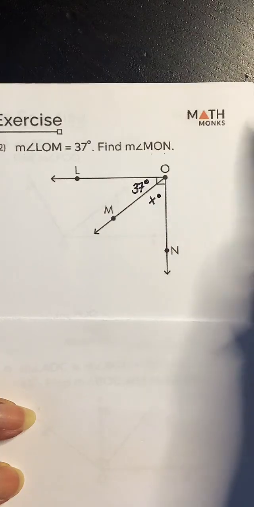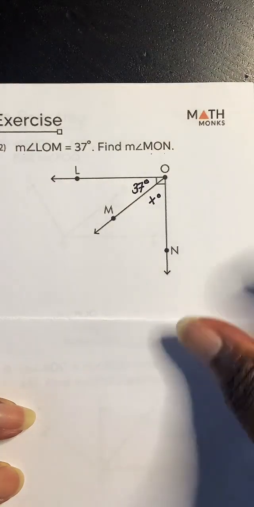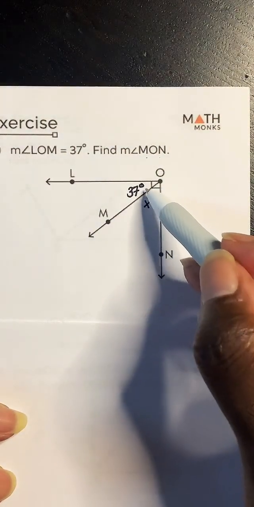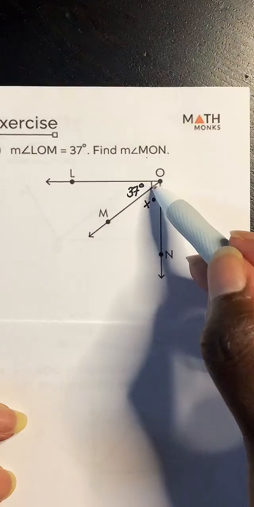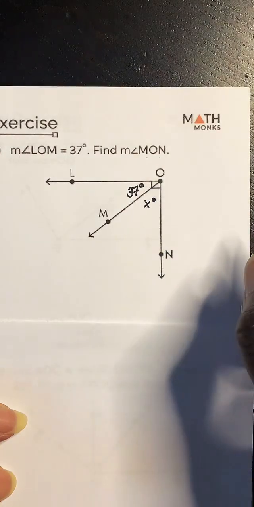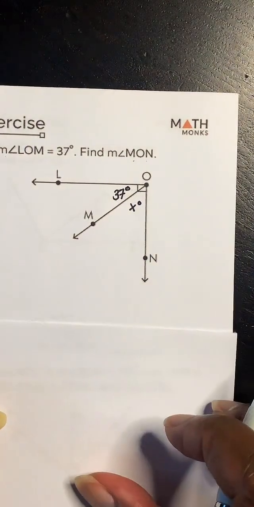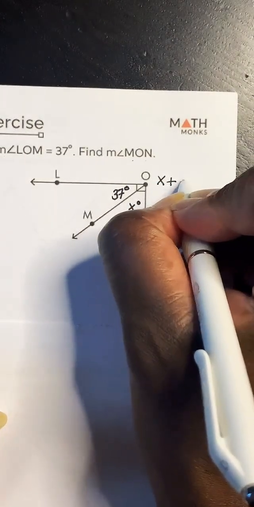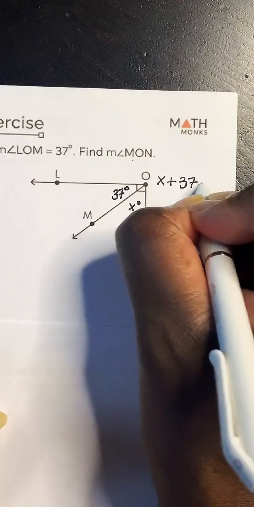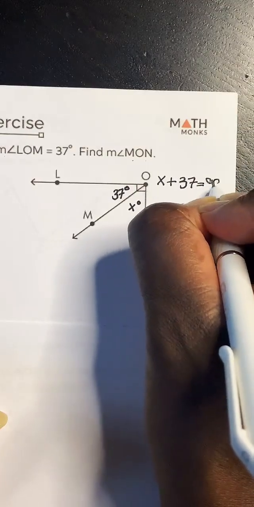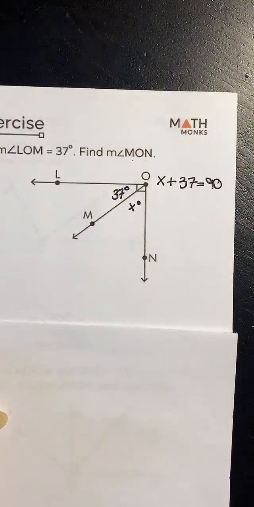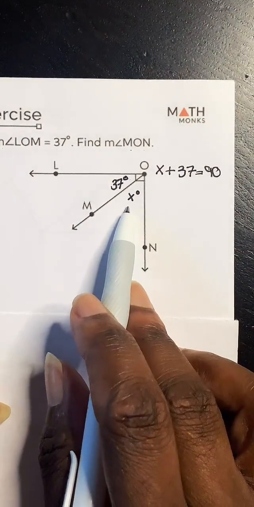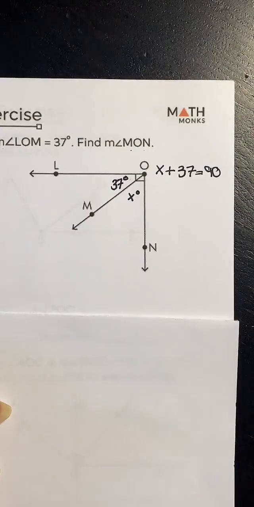So these are complementary angles. Complementary angles are two angles that add together to equal 90 degrees. So in order for us to find this, we can get our x plus our 37 is equal to 90. We're trying to figure out what the measure of that angle is.